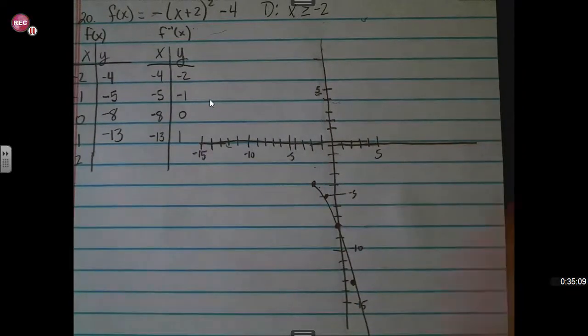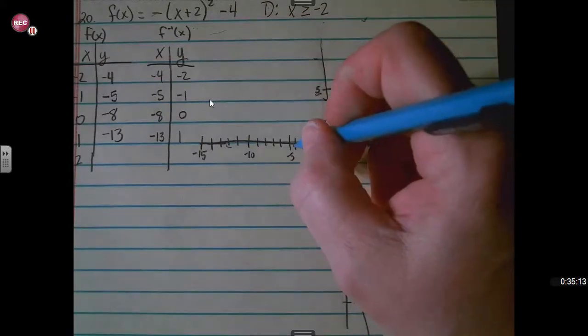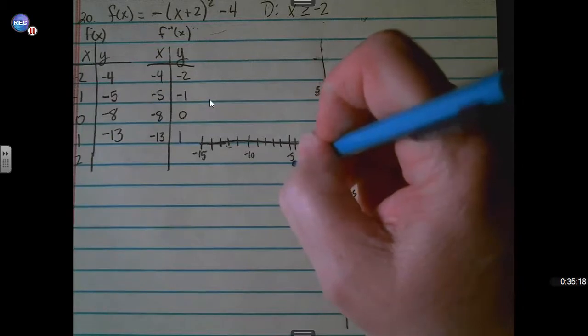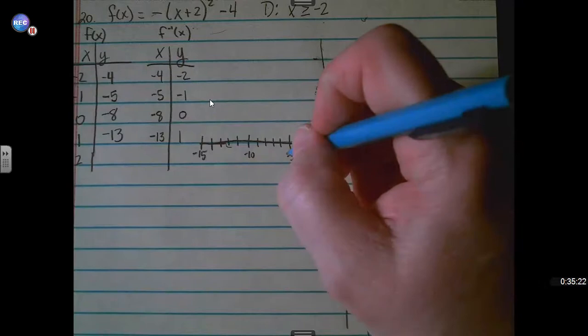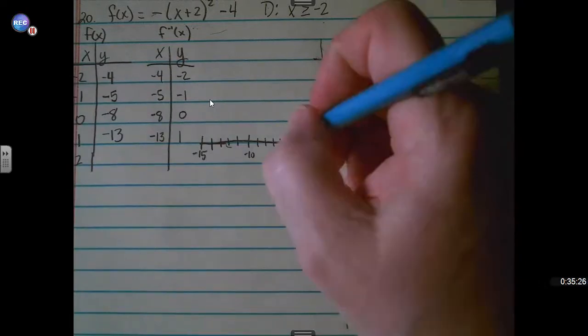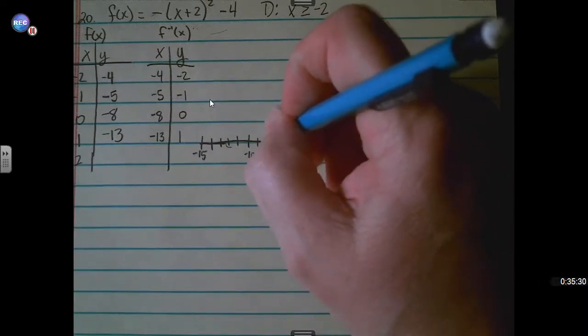Now I'm going to graph the other one. So -4, -2, -5, -1, 0, -8, or no, -8, 0, sorry. So that would be here.